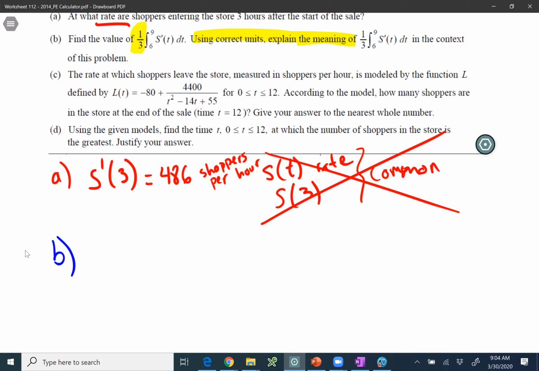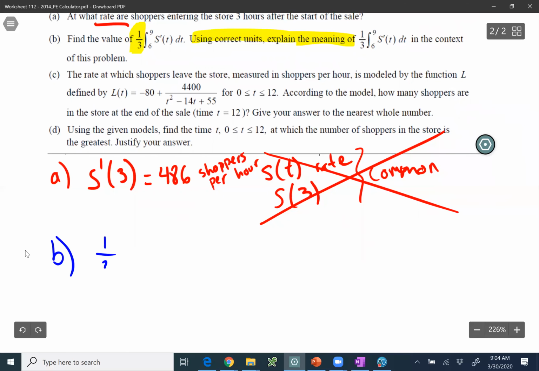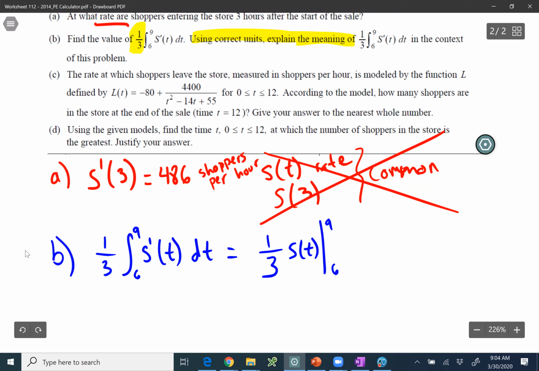The way that I did it, which I think is a little bit easier, is that the 1/3 integral from 6 to 9 of S prime of t dt becomes 1/3 times, the integral of S prime becomes S of t from 6 to 9. So that becomes 1/3 times S of 9 minus S of 6, right?